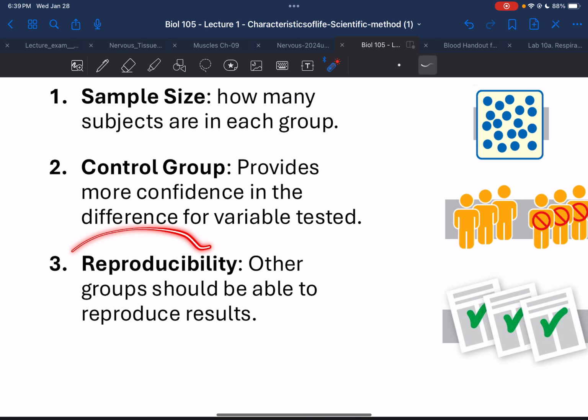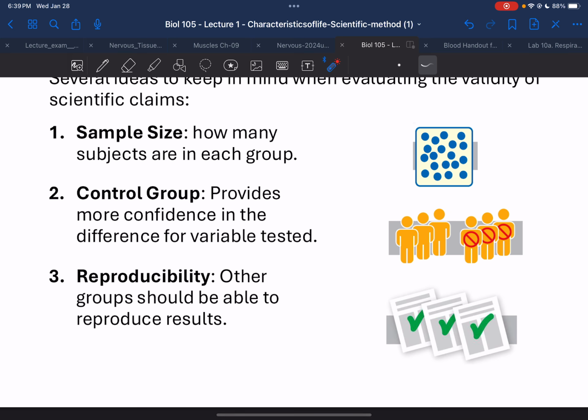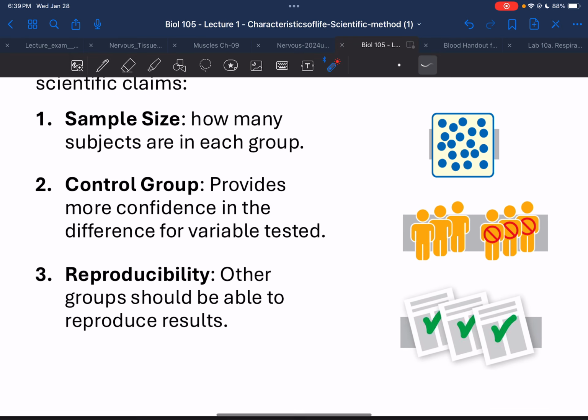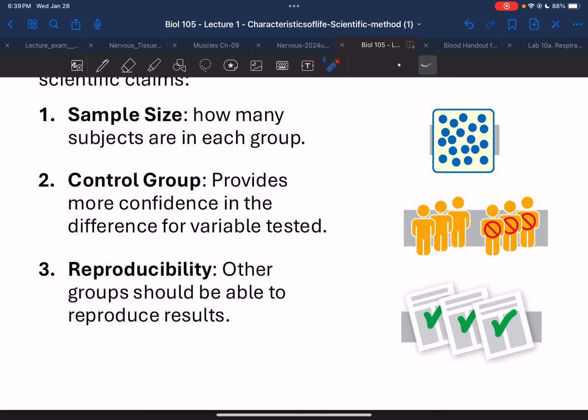Next, most journals do not accept research if it hasn't been tested by other labs. They have to be able to also repeat the same results, so that way you can't have people pulling a fast one. And trust me, I've been a victim of that in my research days.